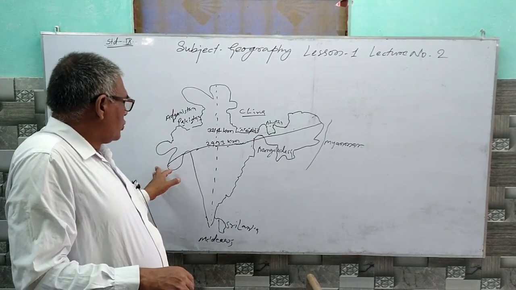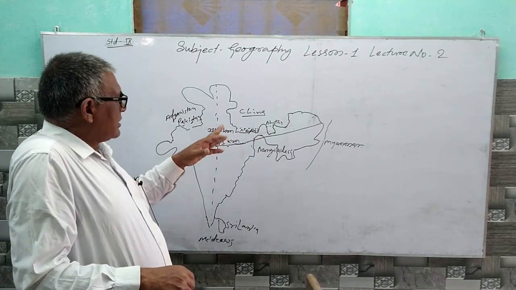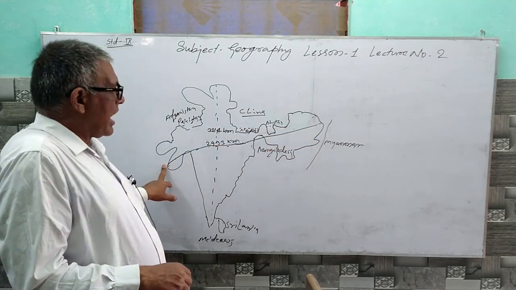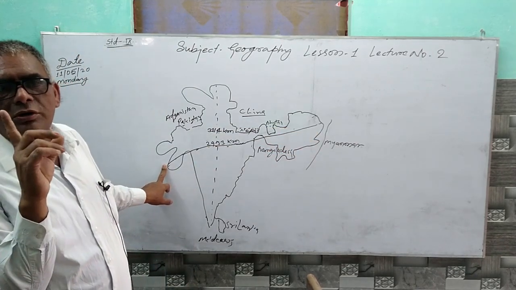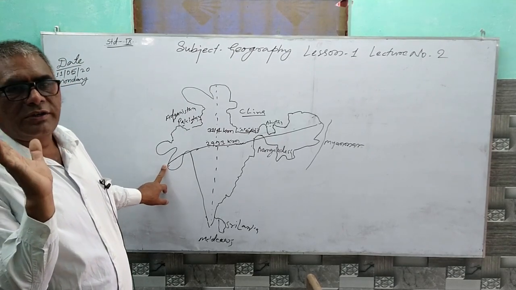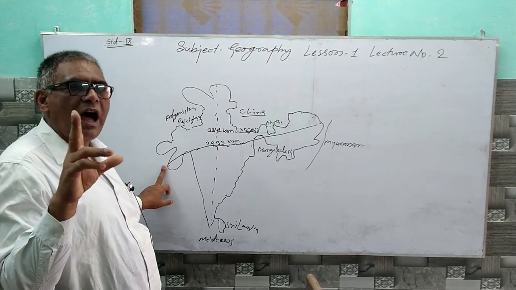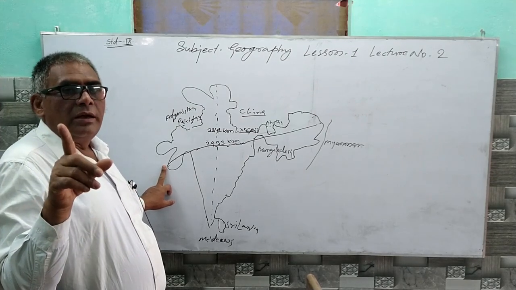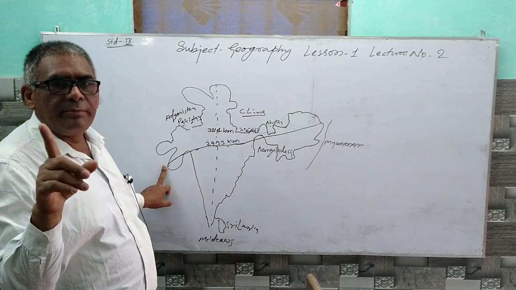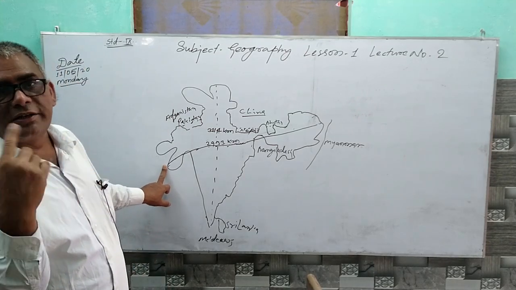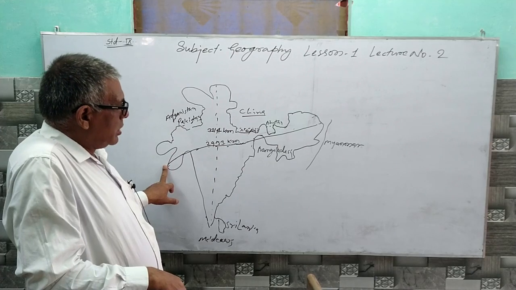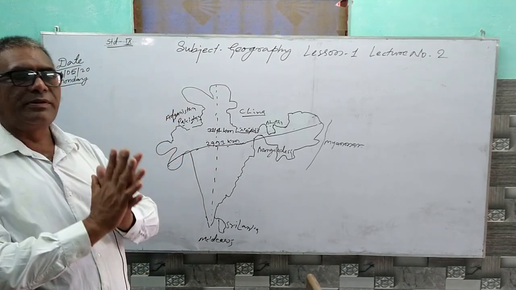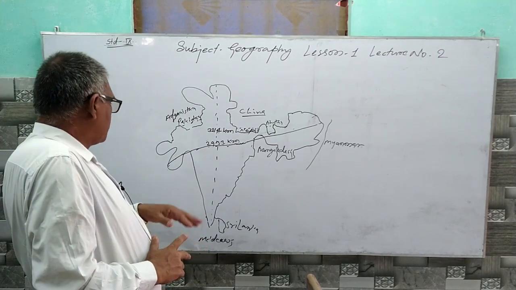So India's time difference from Arunachal Pradesh to Gujarat is about 2 hours, as 15 degrees of longitude make 1 time zone. And so India has 2 time zones, 15 to 30. Yes, so 2 time zones are in India, and a 2 hour time difference is from Arunachal Pradesh to Gujarat.